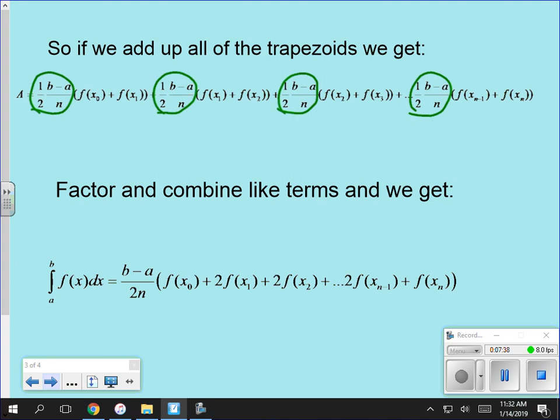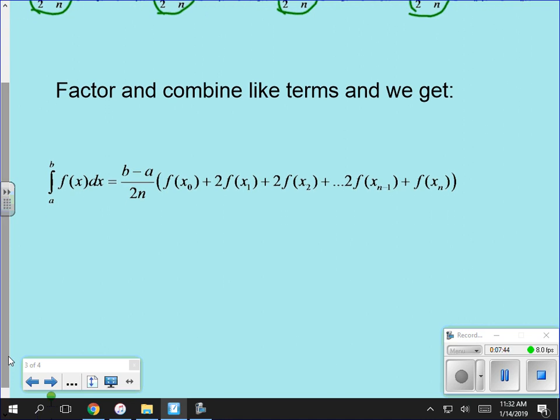This formula you need to have down. By factoring and then combining like terms, this is the formula for the trapezoid rule. The integral from a to b of f of x dx is (b minus a) over 2n, that's 1/2 times (b minus a) over n, times [f of x sub 0, plus 2 f of x sub 1, plus 2 f of x sub 2, etc., down to 2 f of x sub n minus 1, plus 1 f of x sub n, the last one].